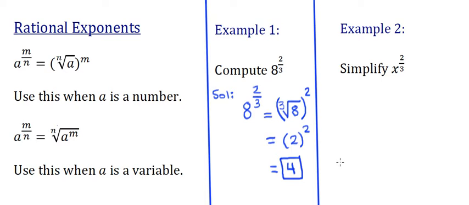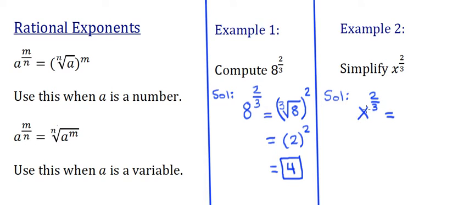Now, let's take a look at the other example. What happens when the base is not a number, but instead a variable, such as x? Suppose they say simplify x raised to 2/3. Turns out this is going to be much easier because now we follow the second formula.